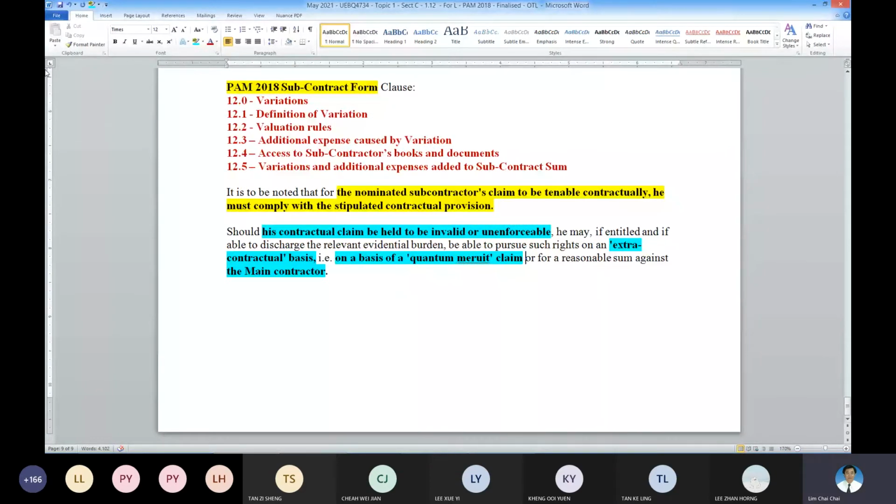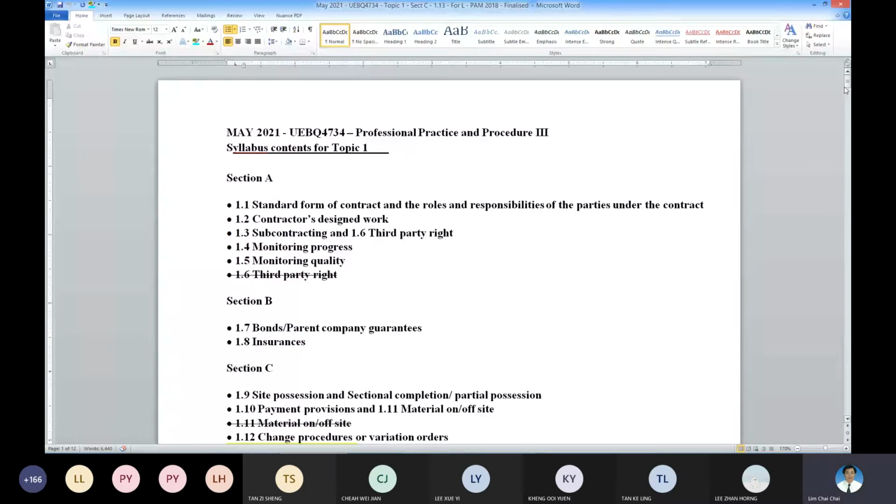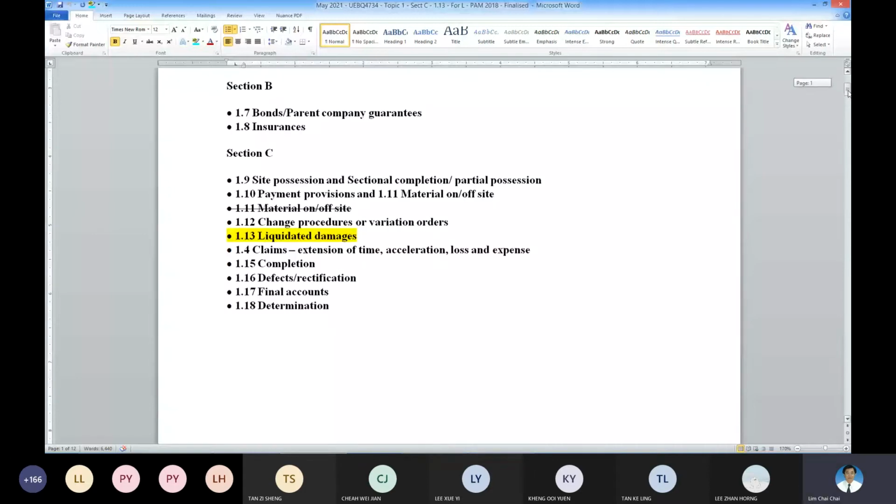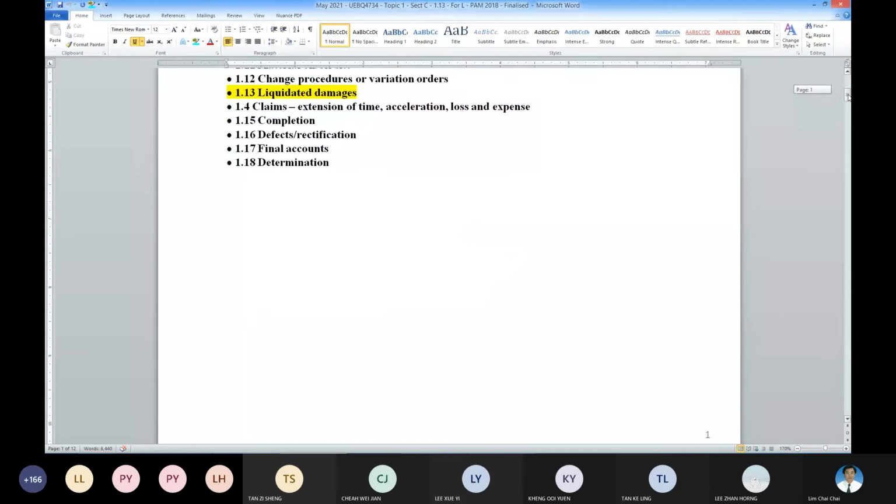We're going to continue with your topic 13. And topic 13 is related to your liquidated damages, LD. So what is LD?